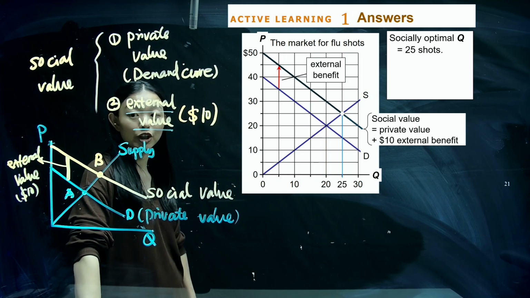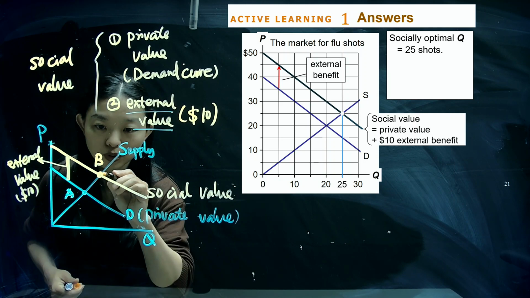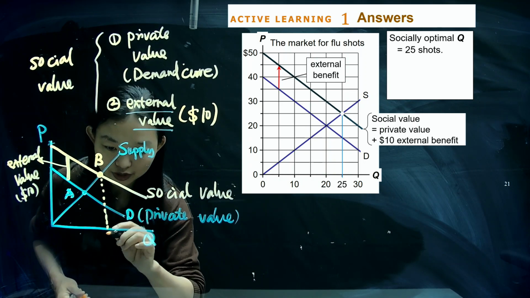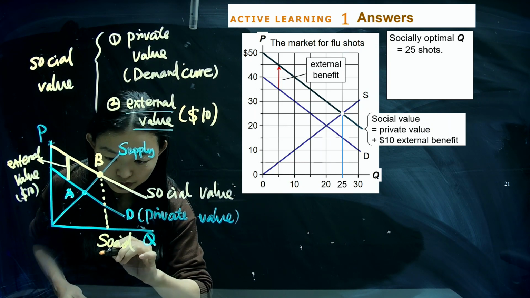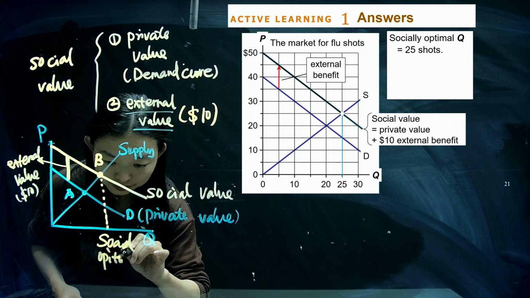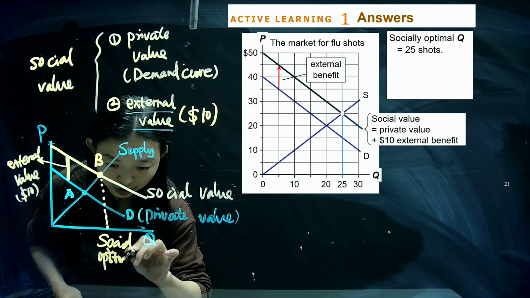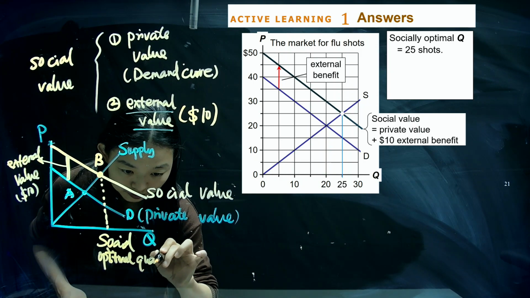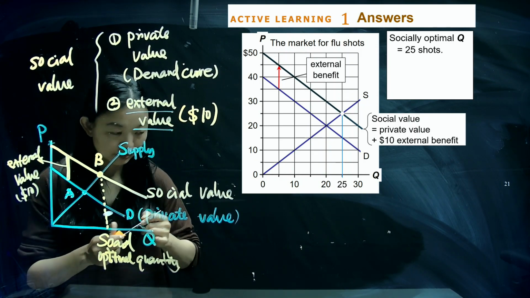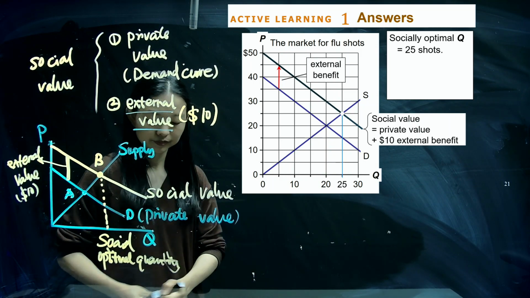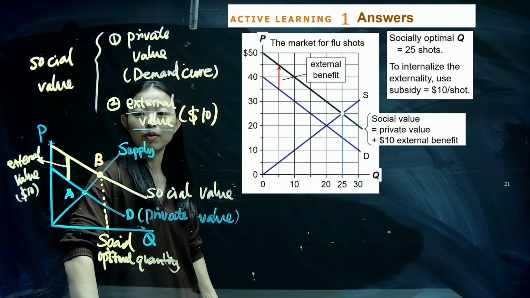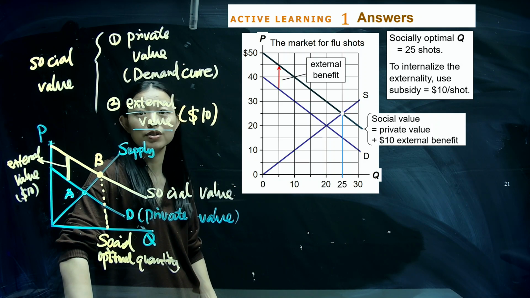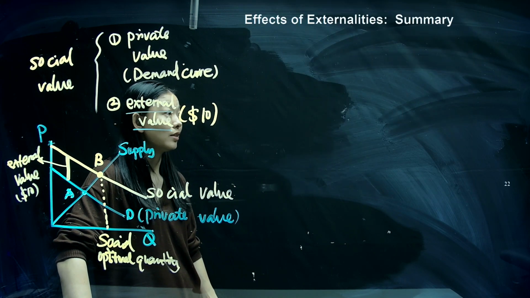And then you can find the new equilibrium, or new social optimum quantity. This is our social optimum quantity, already taking the $10 as the external benefit.